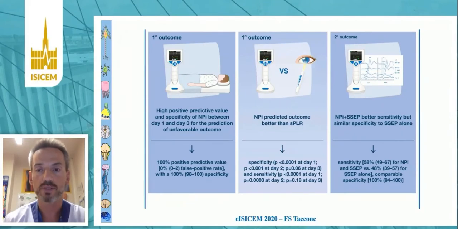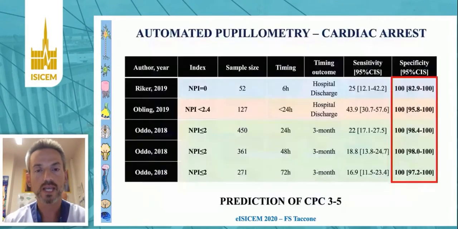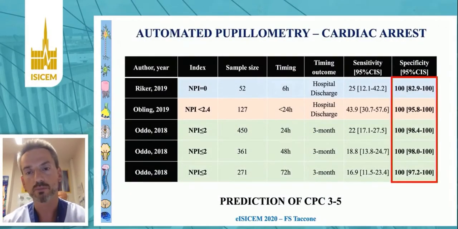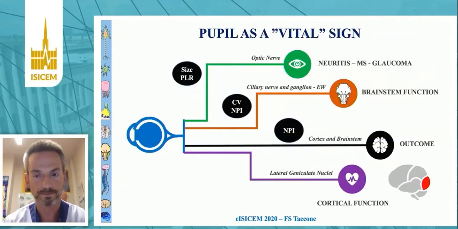If you combine NPI and evoked potentials, specificity remains 100%, and the sensitivity can be increased up to 50 to 60%. This data has been partially confirmed by smaller monocentric trials where a low NPI has been associated with 100% specificity to predict poor neurological outcome in patients after cardiac arrest.